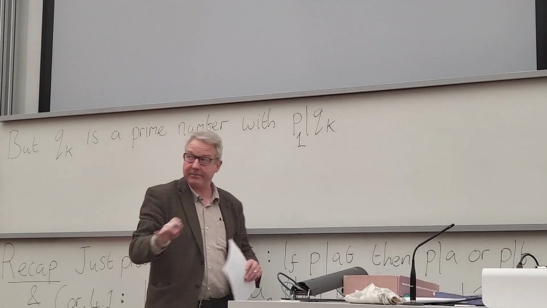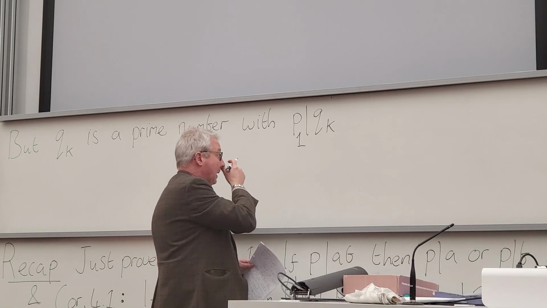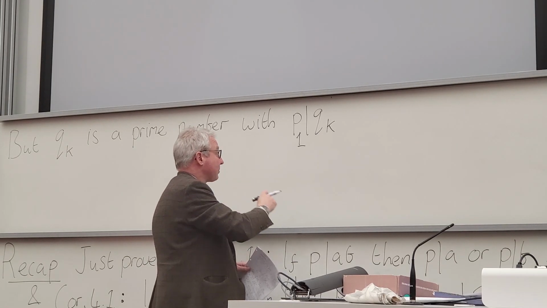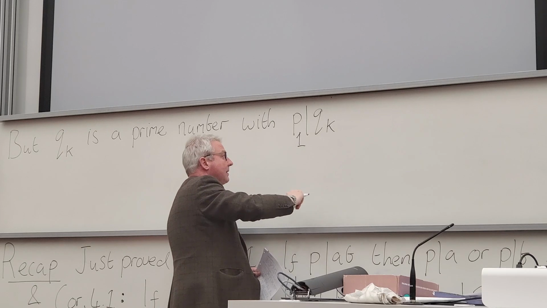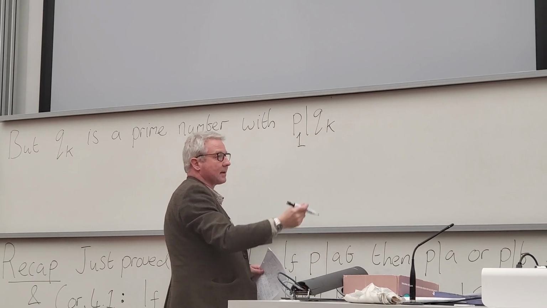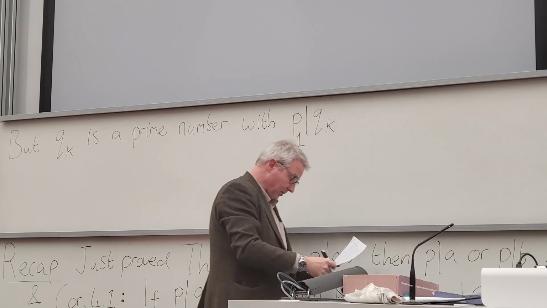So this is our current definition of a prime number. If a number divides a prime, taking Qk as a prime, then of the two factors, the only possibilities are 1 or the prime itself.